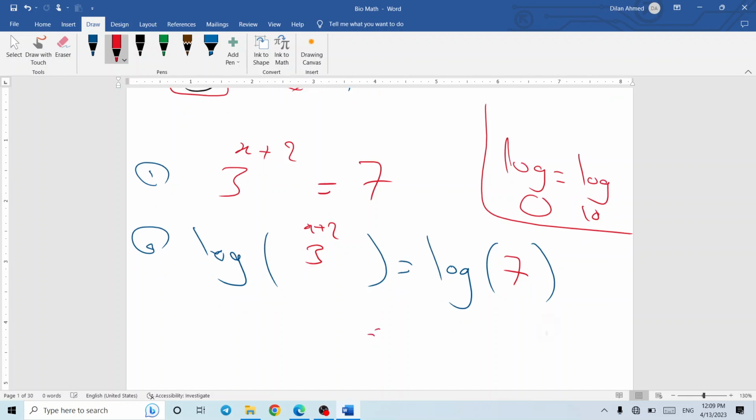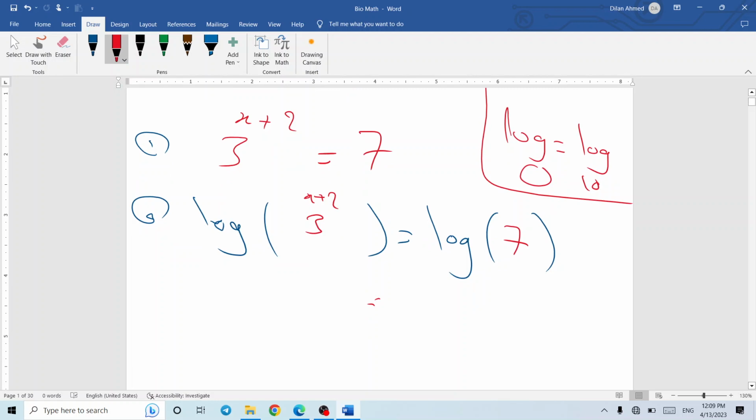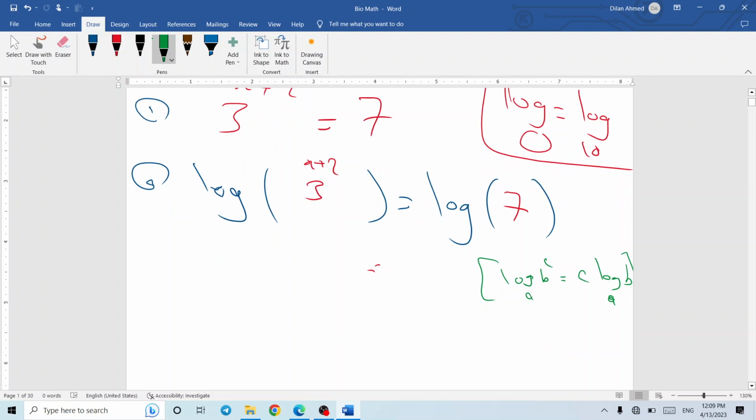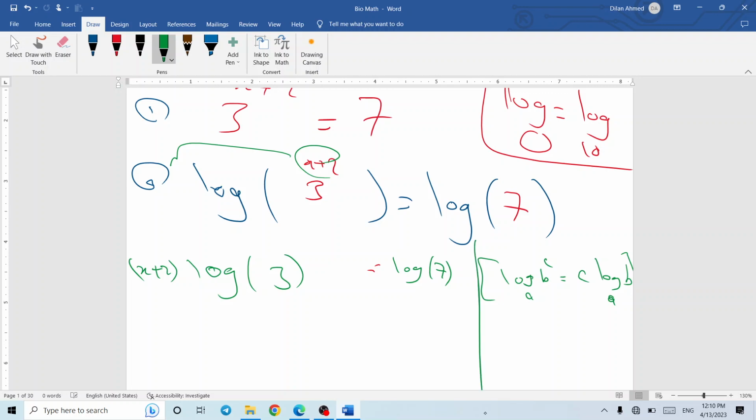By the property, log of A^C is equal to C log A. We can bring the exponent down. So we have (x+2) log of 3, and the right side remains the same.